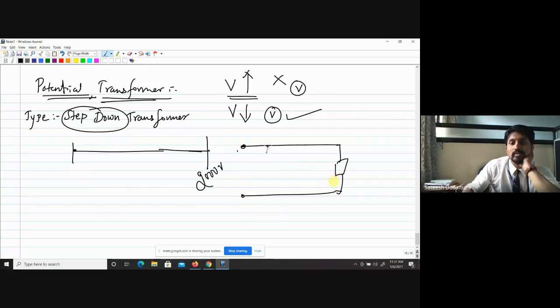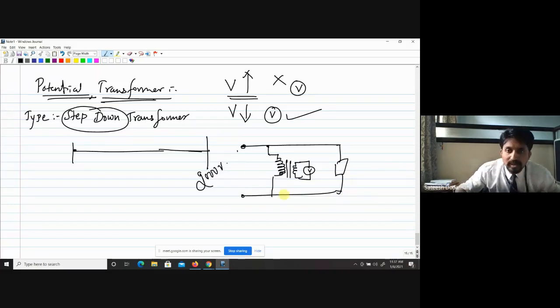Then you can use this potential transformer, which is nothing but a step down transformer. The primary will be connected in this fashion, and the secondary will be a lower value, and this lower value will be connected to the voltmeter.